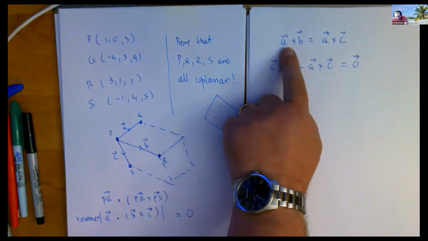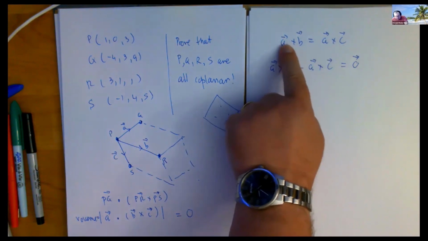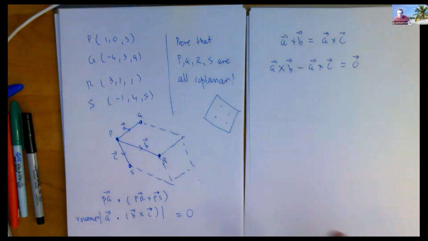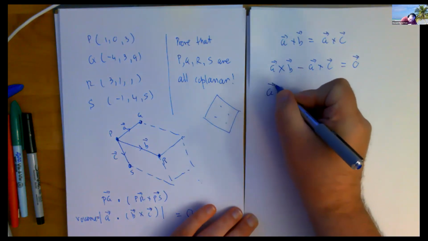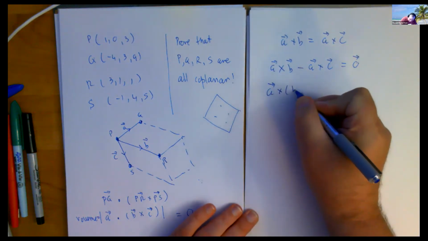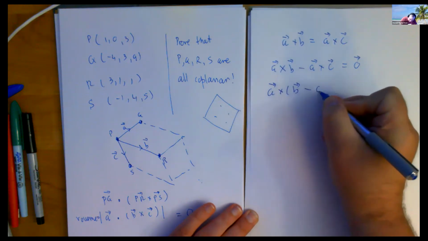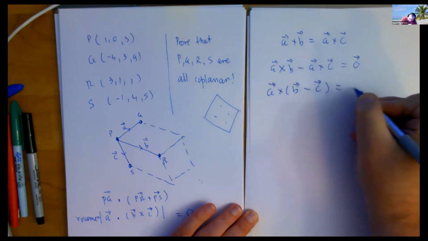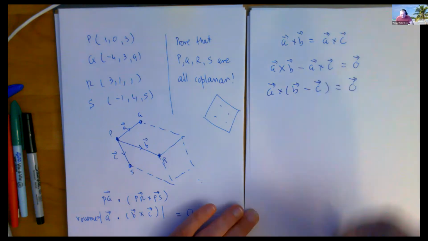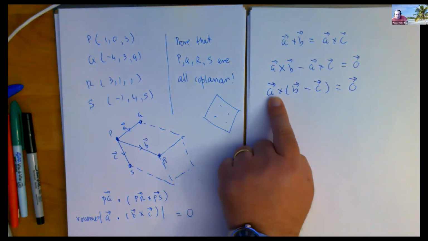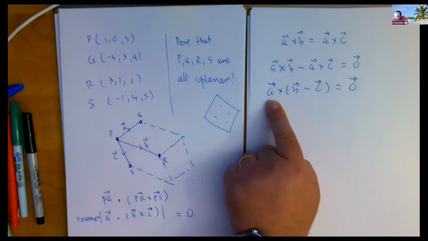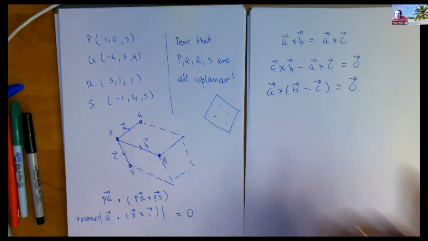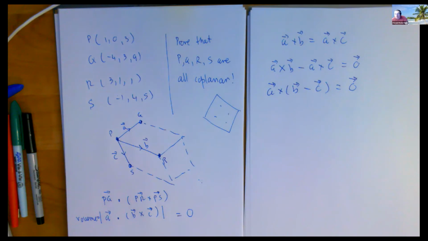This is a vector, that is a vector. This vector, take away that vector, will be the 0, right? That is acceptable. You are allowed to pull out A as essentially a common factor. That is acceptable in cross products as well. It's also acceptable, by the way, in dot products, right?